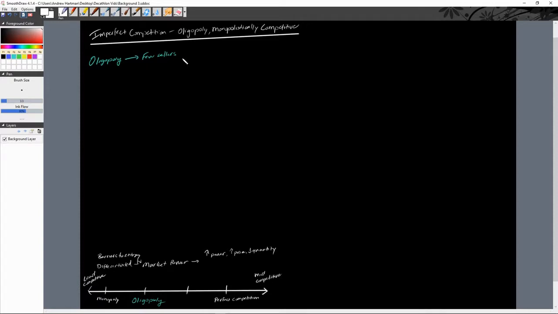Breakfast cereals are interesting because there are a few major producers of breakfast cereals, but they all produce different brands within that company. So whether breakfast cereals are oligopolies or monopolistically competitive probably depends upon how you look at the market. If you look at, maybe, sugar cereals, it's monopolistically competitive, because there are tons of different sugar cereal types.